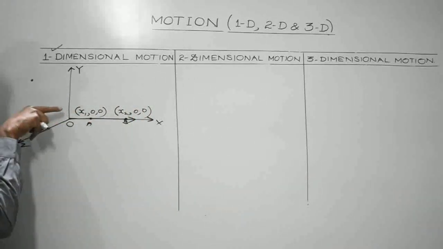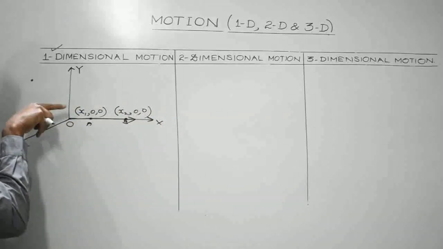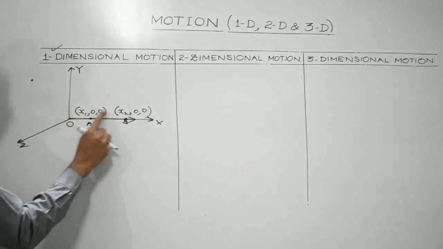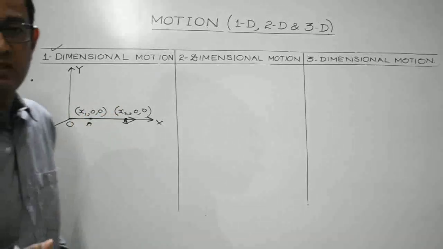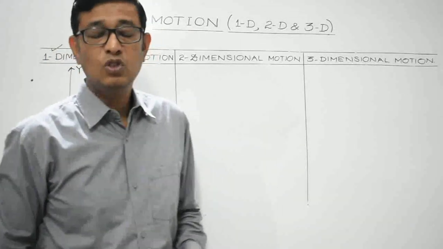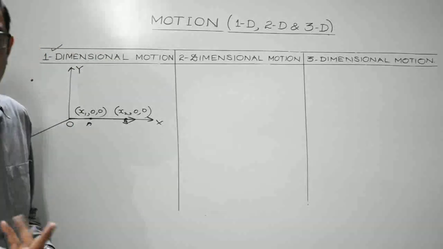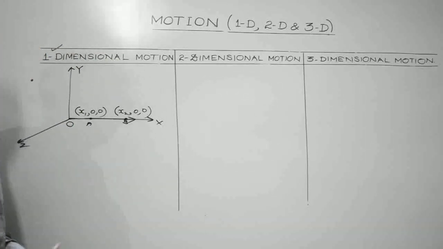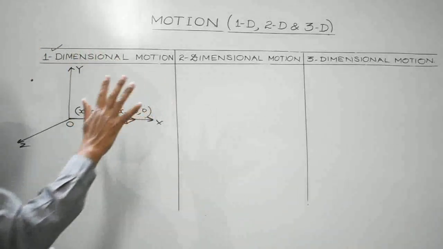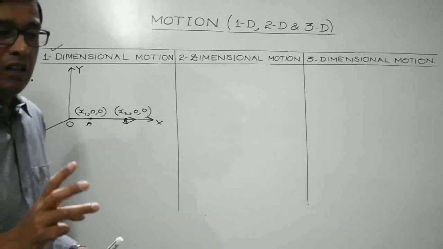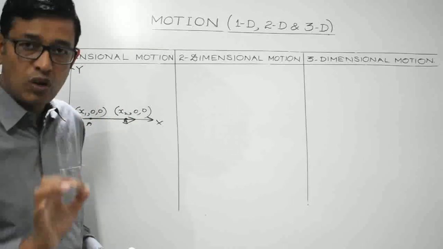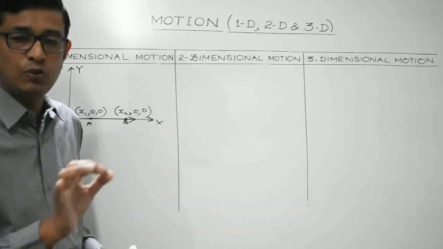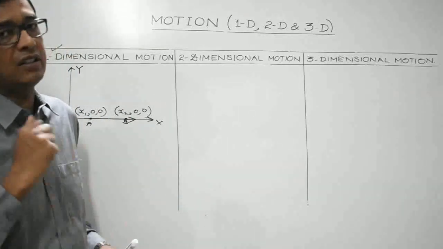So if a body moves along a straight path, only one coordinate changes with the passage of time. The rest of the two coordinates remain constant. That type of motion is said to be one-dimensional motion. So the motion of a body is said to be one-dimensional if only one coordinate out of the three coordinates required to specify its position changes with time.